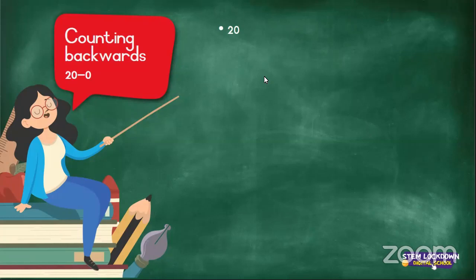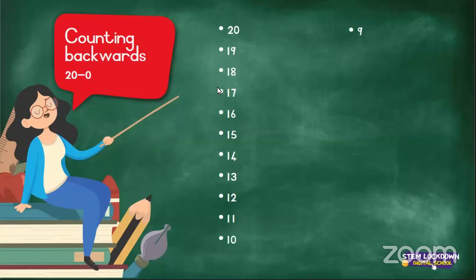And then we've got 18, 17, 16, 15, 14, 13, 12, 11, 10, 9, 8, 7, 6, 5, 4, 3, 2, 1, 0.